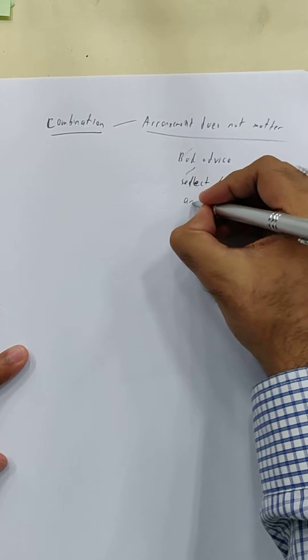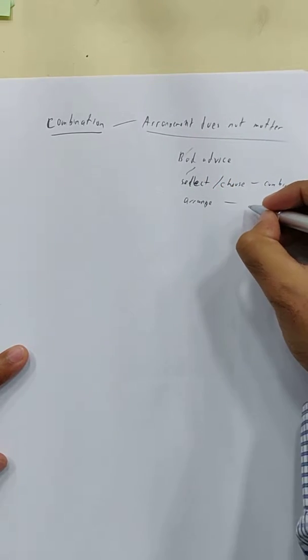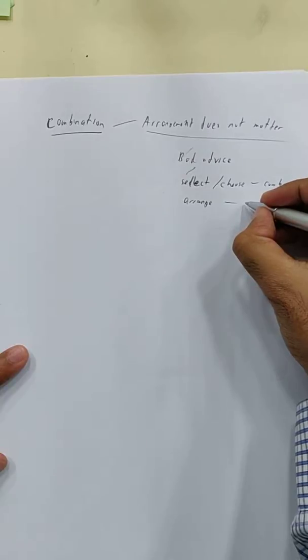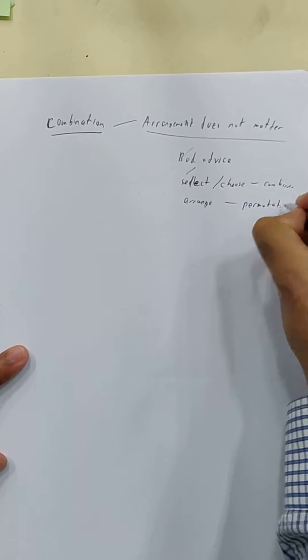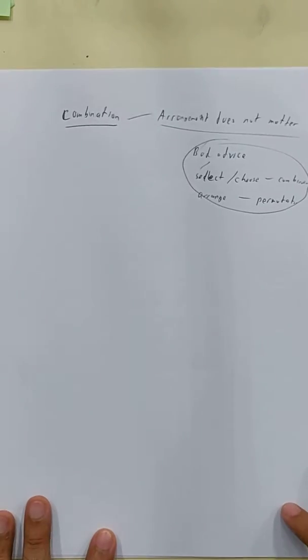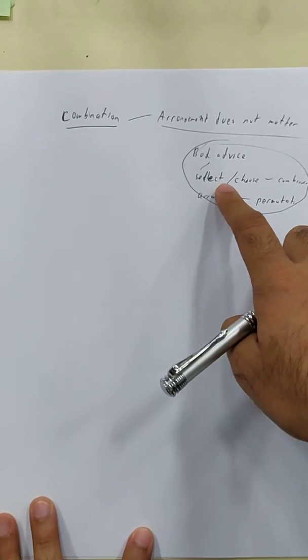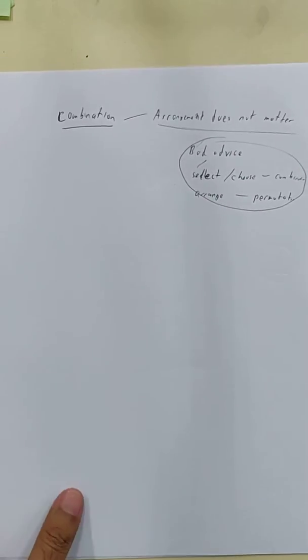If they say arrange, that means it's a permutation. Okay, this is bad advice. You should not listen to this, because I've seen some past year exams where they say select and choose, but it still remains a permutation.